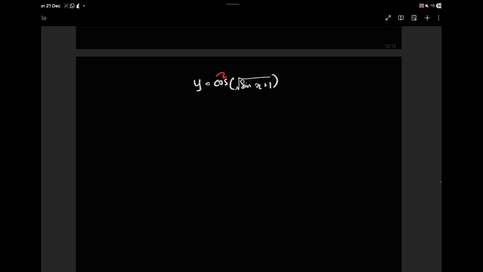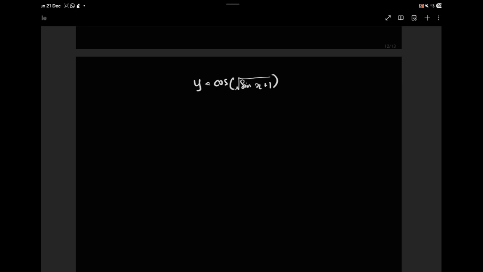So the outer function is a cos function, and we have another function inside the cos function, which is the square root of sin x plus 1. When we have this kind of situation, the more proper technique to solve it is by using the chain rule.